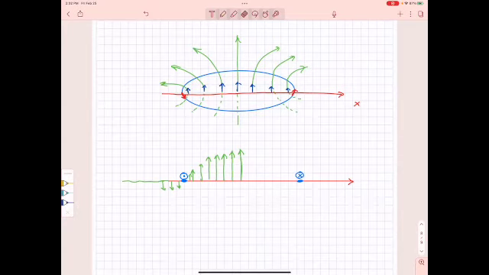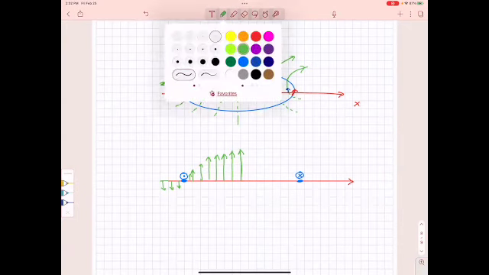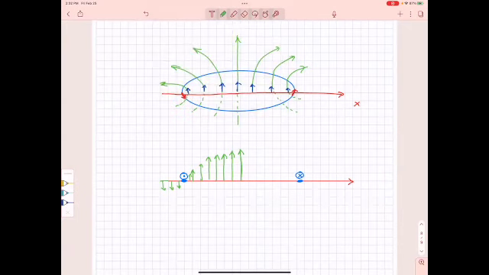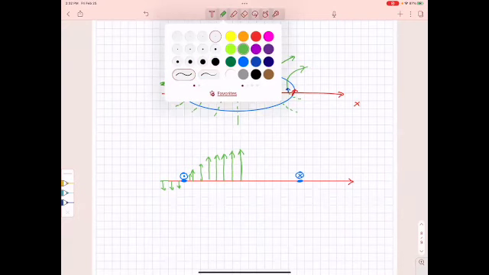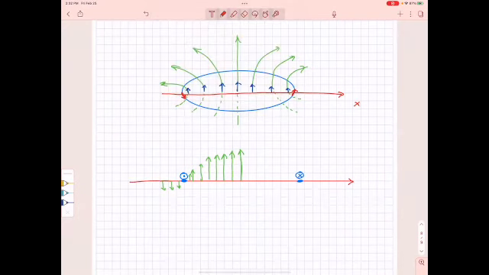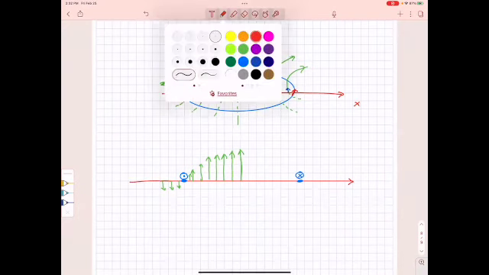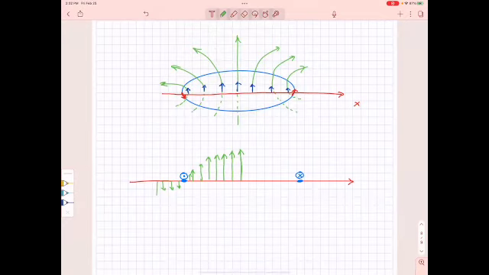Red, it's going to look like this. And the same thing is going to happen from the other side, and then they will grow.